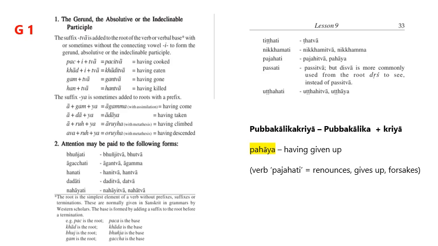For example, if we say, he washed the fruit, cut it and ate it. Here, ate is the main verb. Washed and cut are preceding actions. That is, Pubbakalika Kriya. Kriya means verb. Pubbakalika means pertaining to an earlier point of time. So, Pubbakalika Kriya is performed before the main Kriya or verb in the sentence.